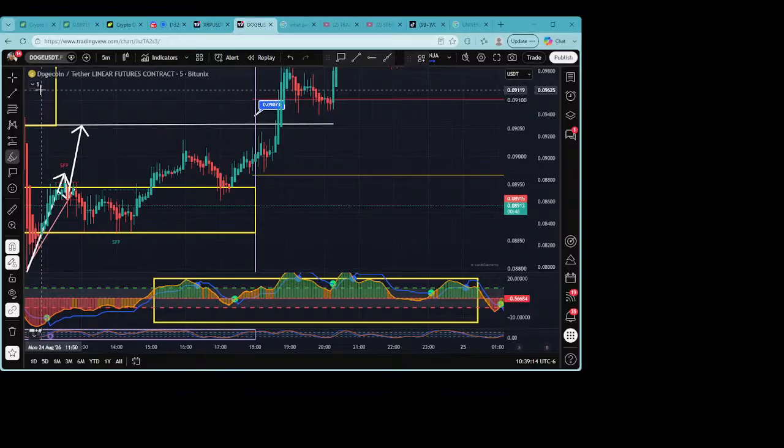So if it breaks out, it needs to come down on a second move down, retest, and then the third move would be higher. If it breaks down, that's move one. Move two is the retest, and then the third move is supposed to be bigger. So there's always those three moves.